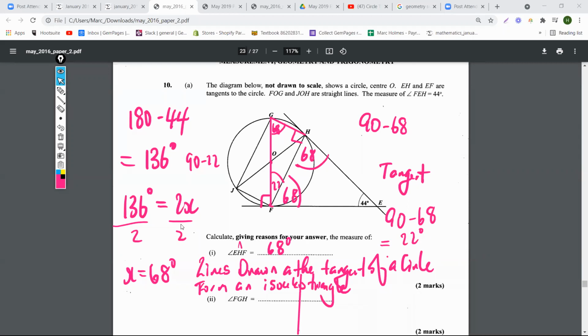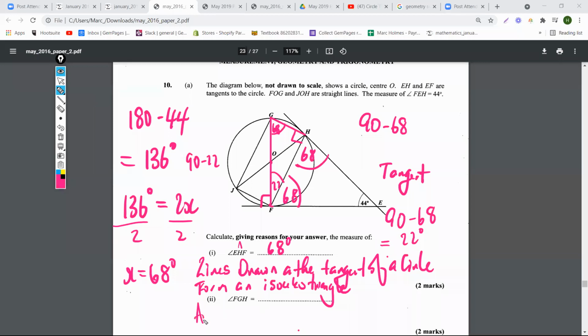Jay, you want to explain how you got 68 there as well? Maybe she was talking about something else. But for the second one though, it's definitely 22 right there. So up there would be 68.